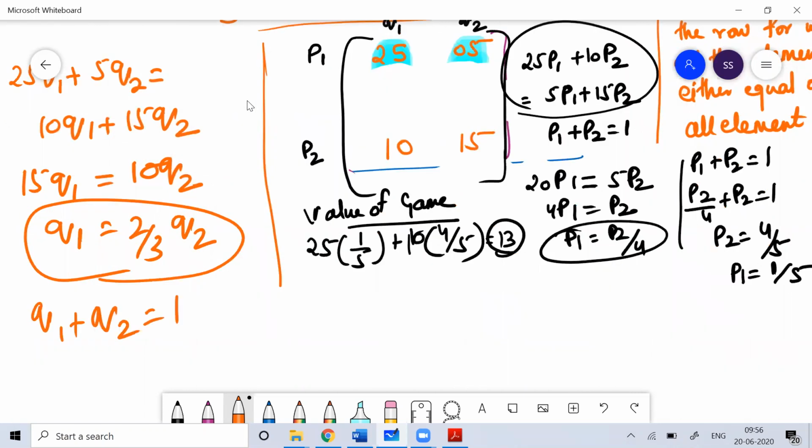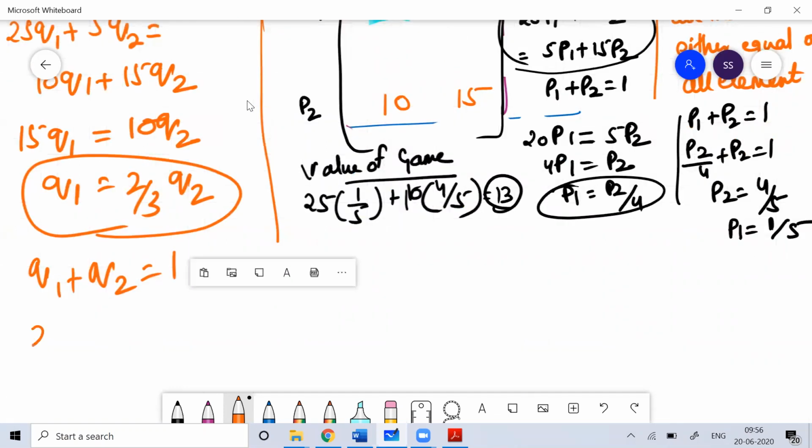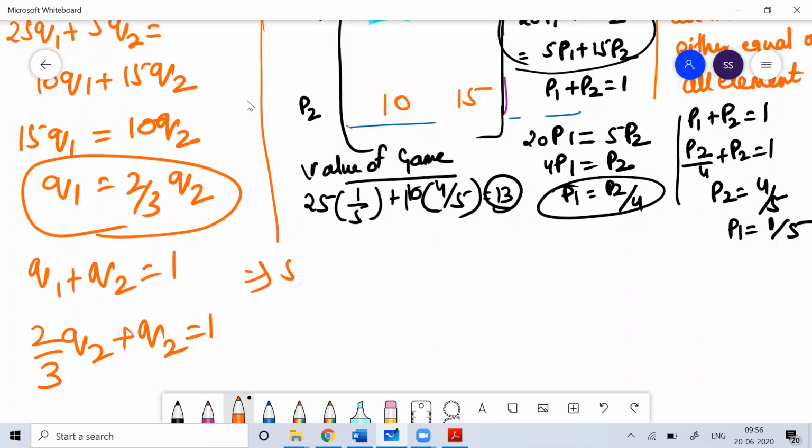So in place of Q1, you can write 2 by 3 Q2. So 2 by 3 Q2 plus Q2 equals 1. This is 5 by 3 Q2 equals 1, so Q2 is equal to 3 by 5. If your Q2 is 3 by 5, then your Q1 would be 2 by 5.